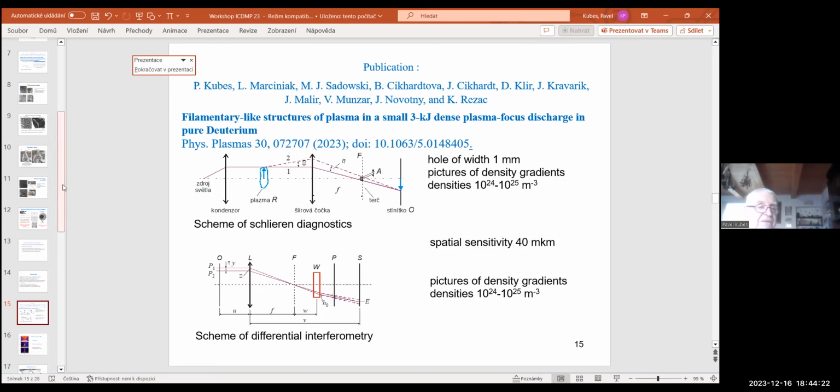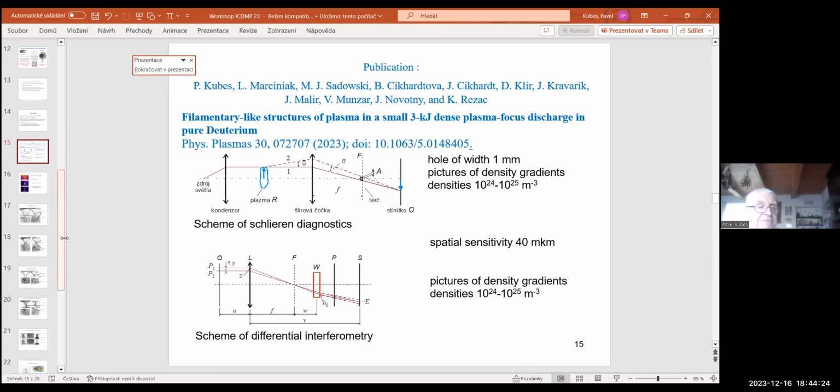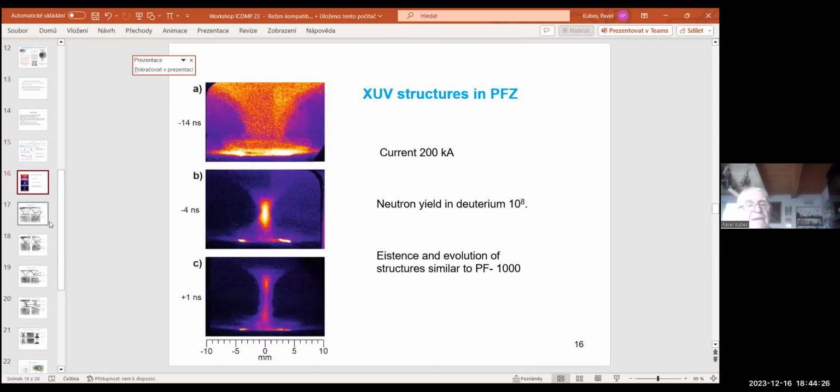And the shot has similar evolution as usual plasma focus, implosion of the current sheath, formation of the pinch, and evolution of instabilities.